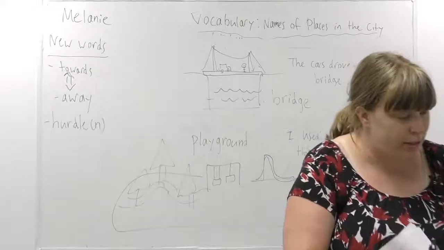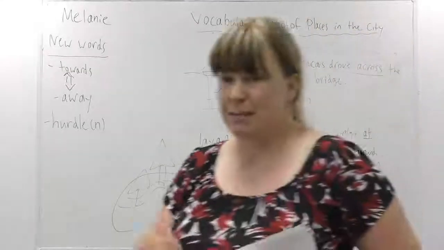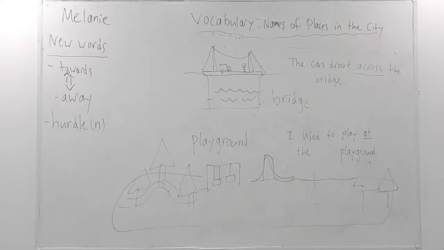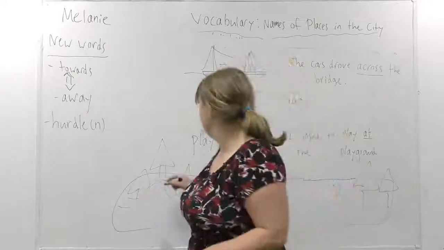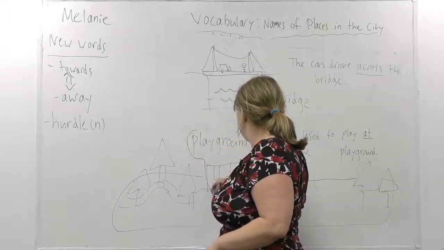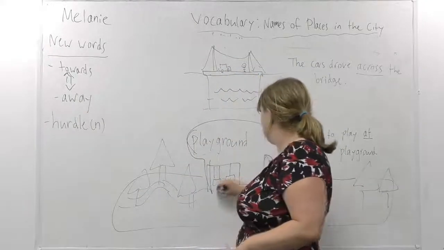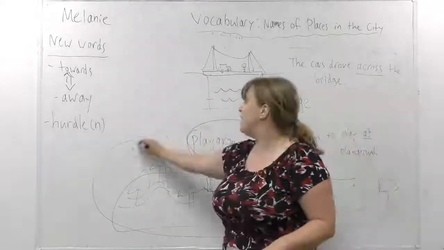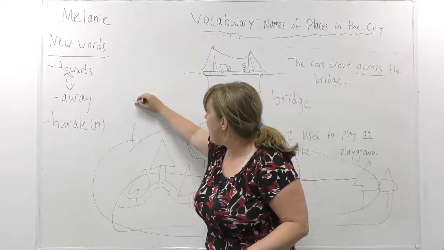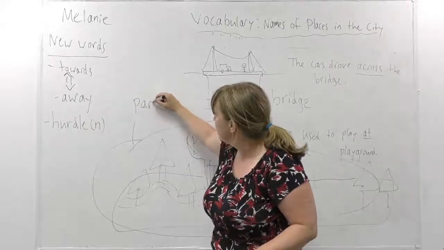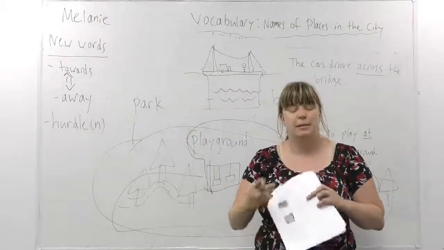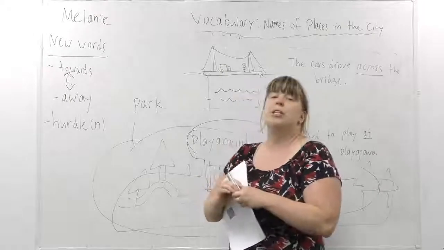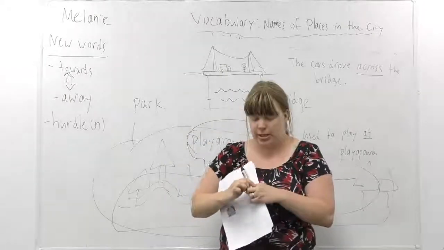Okay, my apologies, I think these pens are dying out on me. Let me just grab a new one. Okay, here we go. So this here is a playground, but this whole thing right here is a park. So, for example, usually we say in the park.